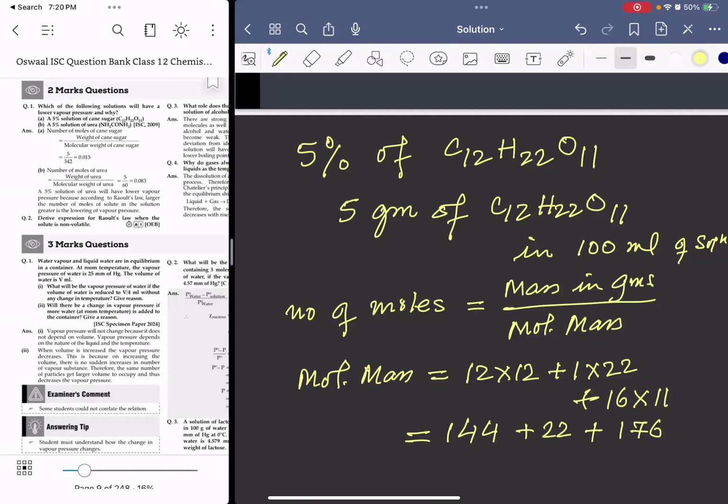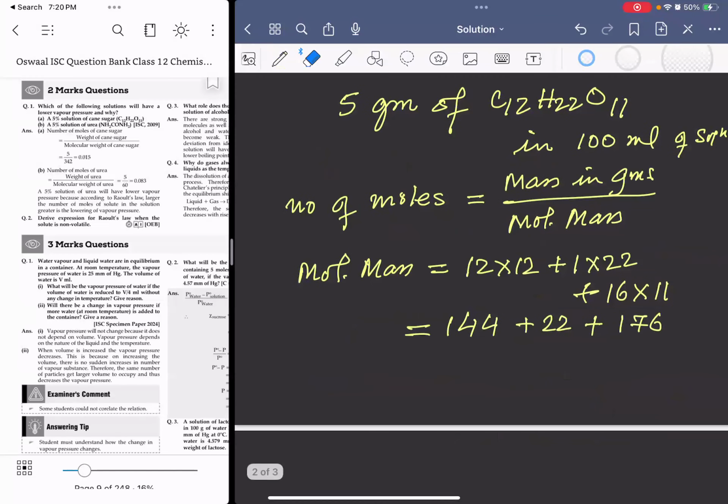Is that right? Yeah. So what will be the total molecular mass? 144 plus 22 plus 176 is 342. That's the molecular mass.